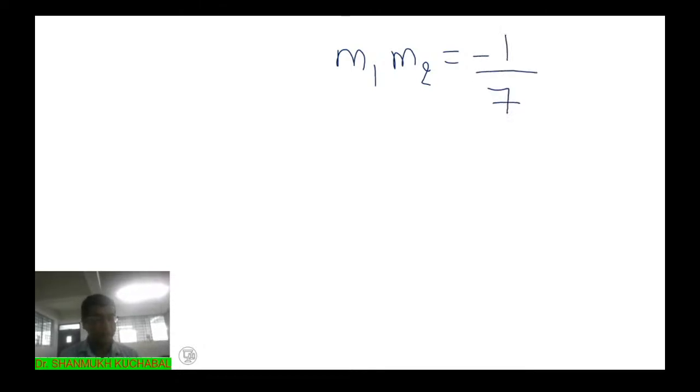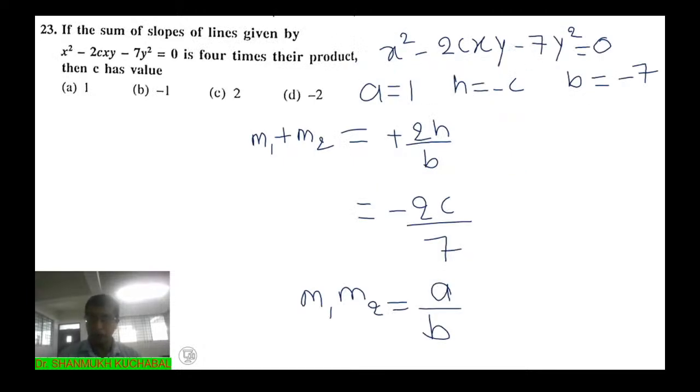Further it is given that the relation between the sum and the product is given by, see, the sum of slopes is equal to 4 times its product. So 4 times m1 m2. Previously we have calculated m1 into m2 and m1 plus m2.